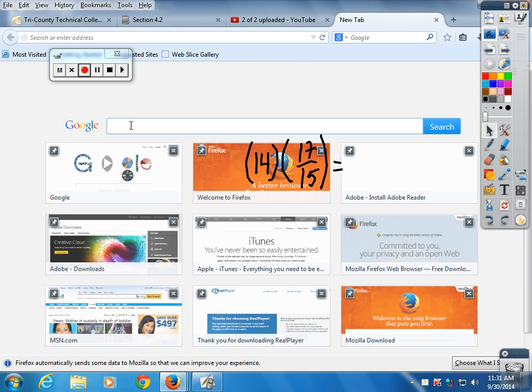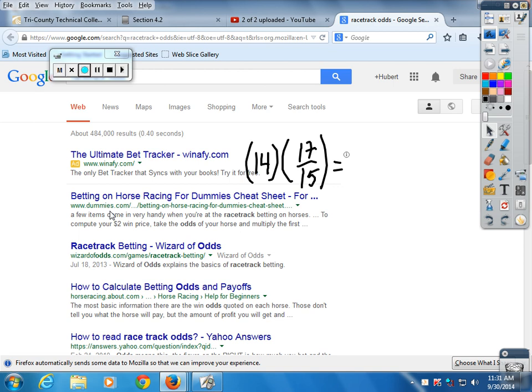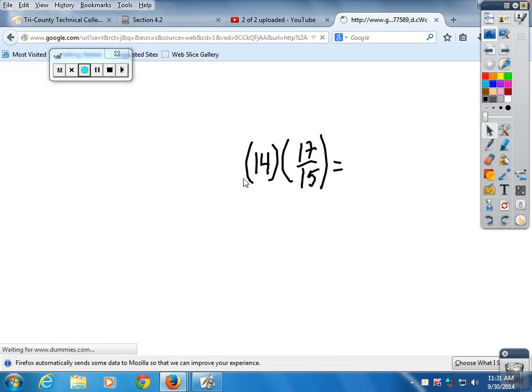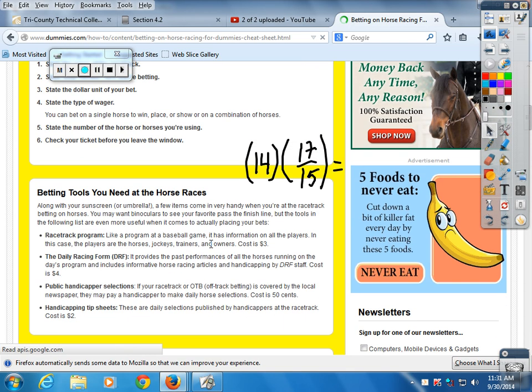So anyway, odds. You can go to racetrack odds, and you can search betting on horses for dummies, and it'll pull up and you can read about that, and they'll give you odds.